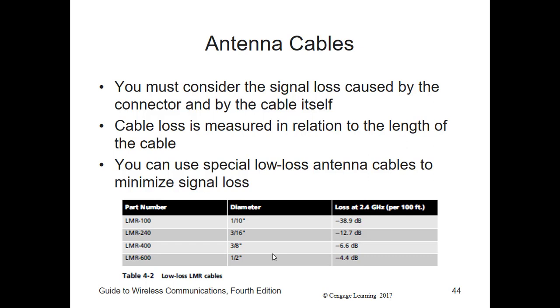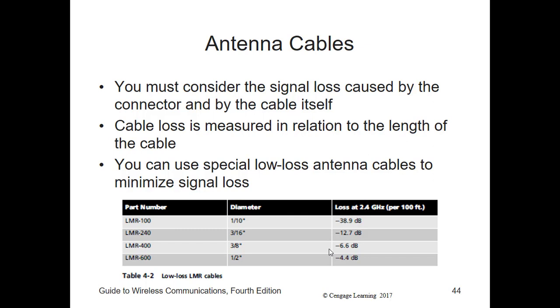In RF, you should use special low-loss antenna cables to minimize signal loss. Here you can see a list of low-loss cables of varying thicknesses along with the losses that occur at a 2.4 gigahertz frequency for every 100 feet. Now, to calculate the total cable loss, divide the loss per 100 feet by 100 and then multiply by the required length of the cable.